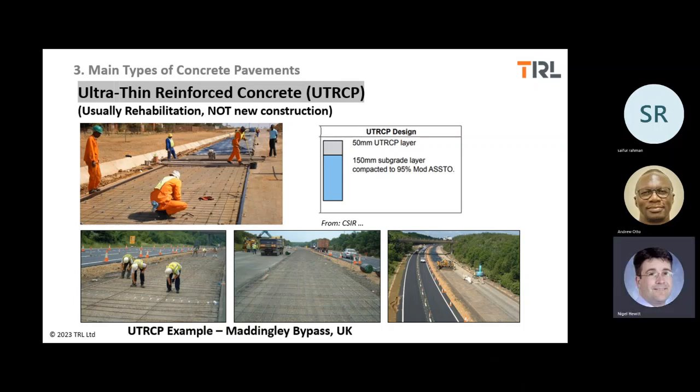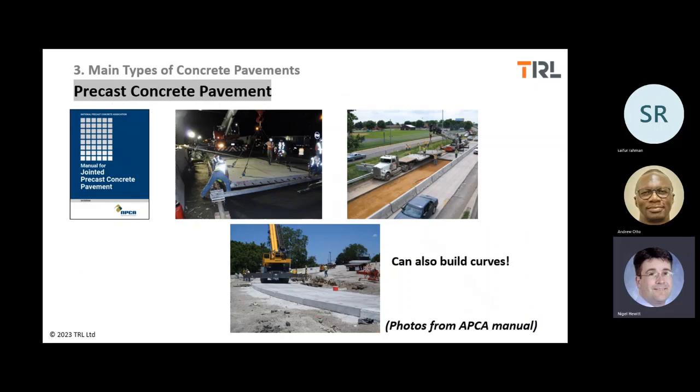So, as I say, that's not for new construction, it's just a rehabilitation method for non-interurban routes. This is for, again, low traffic or lower traffic, not a high traffic route.